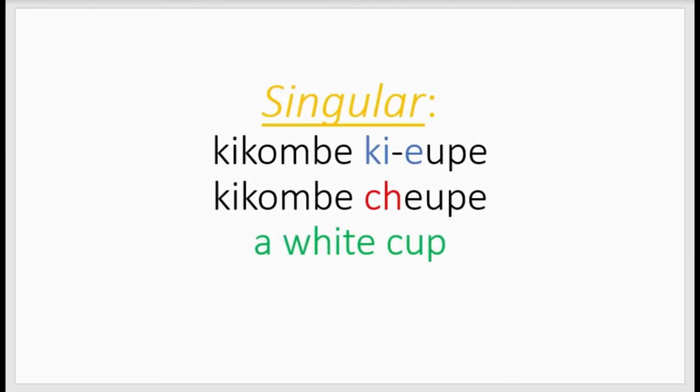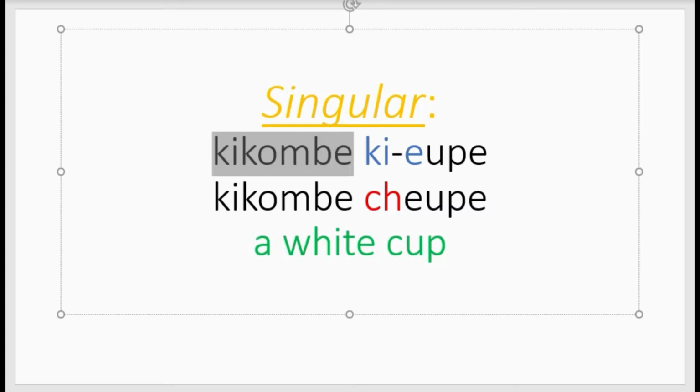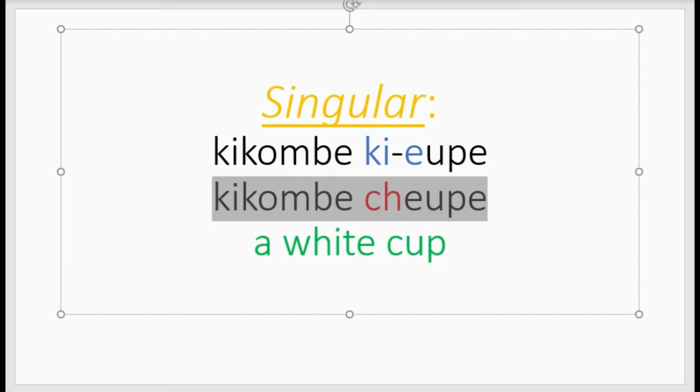Now, in singular, kikombe, we take the ki, the first one, and we have an adjective here that we look at, which is eupe, which means white. Now, the rule says if ki combined with e, we get che. So kikombe cheupe, a white cup.